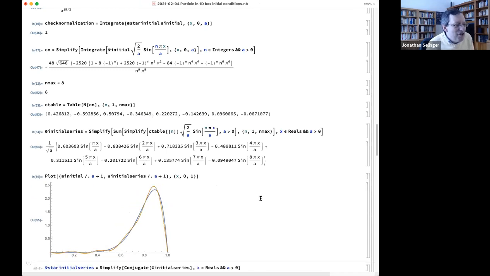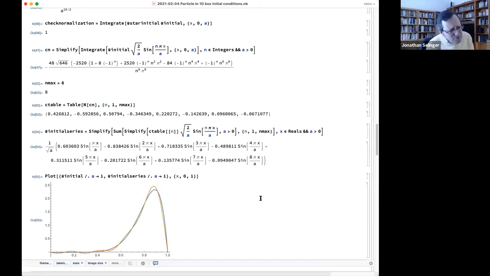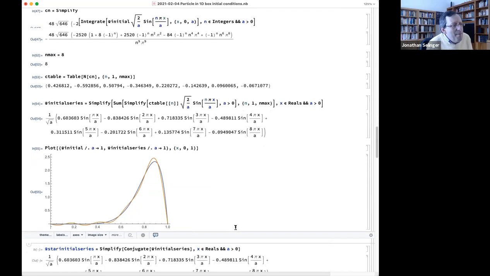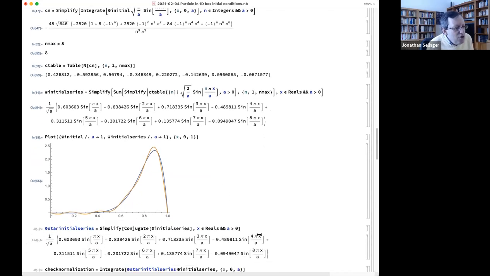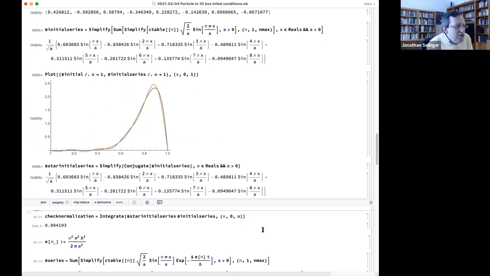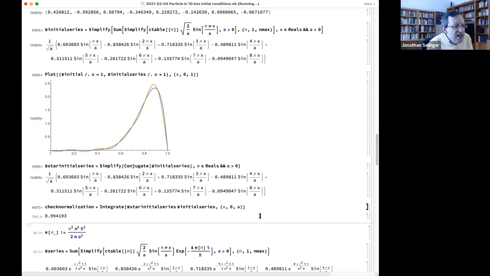Is that a good approximation? Well, yeah, maybe that's good enough. If I wanted better, I could do more terms. It's just more work for the computer. It takes a lot more time. So I'll go with 8 terms. Then I could take the complex conjugate. I could check and see, is this normalized?